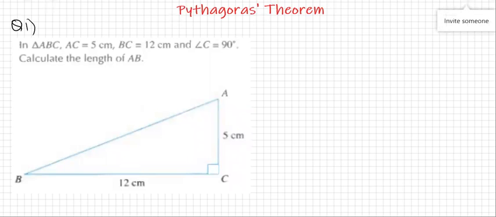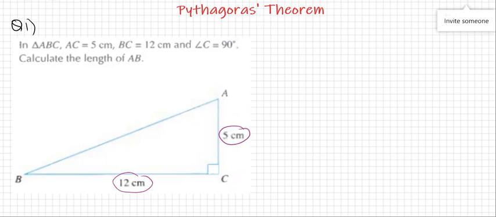As you can see, this question says that in a triangle ABC, AC is 5 centimeter, BC is 12 centimeter, and angle C is a 90-degree angle, which represents that this is a right angled triangle.